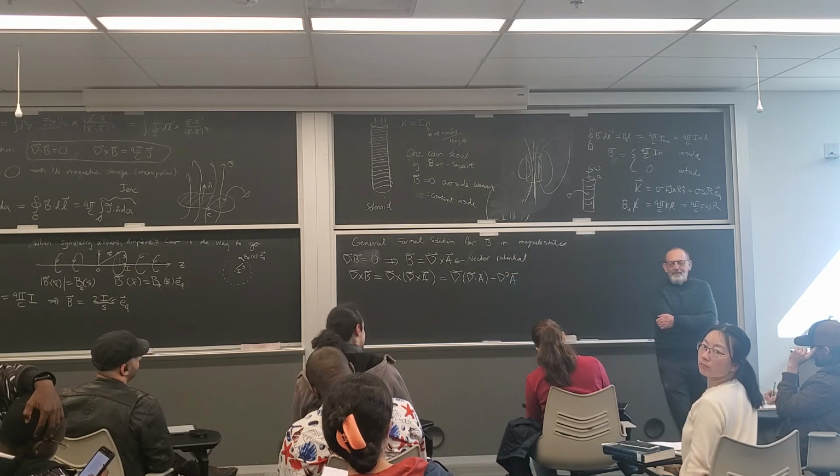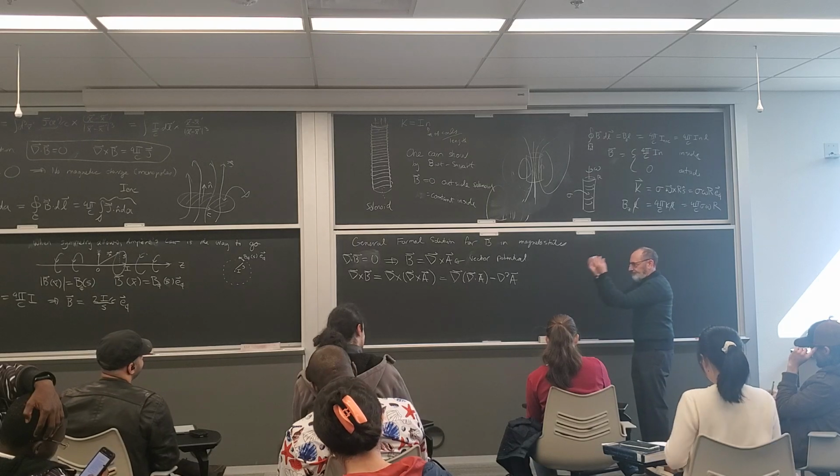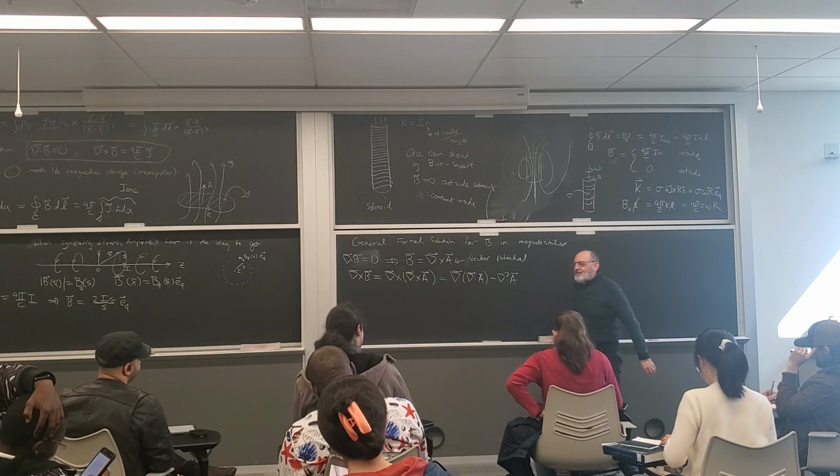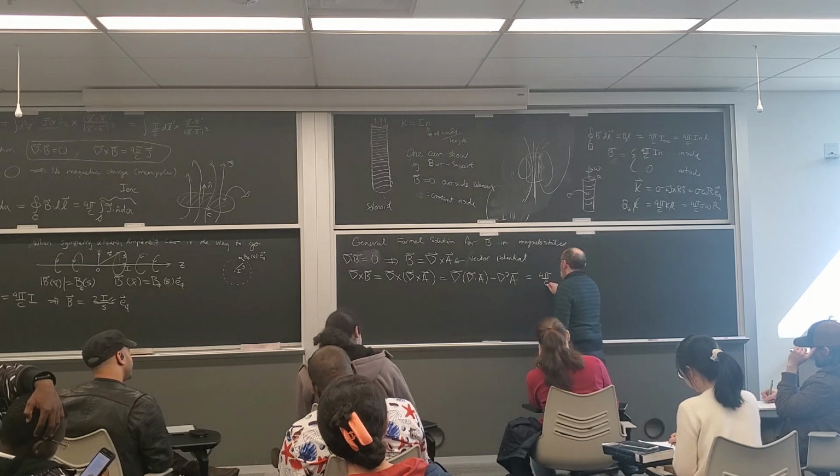Think about that a little bit. Memorize that. Okay, we did it. All right. And this is equal to 4 pi over c times J.